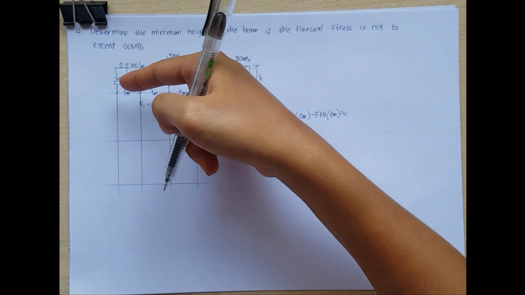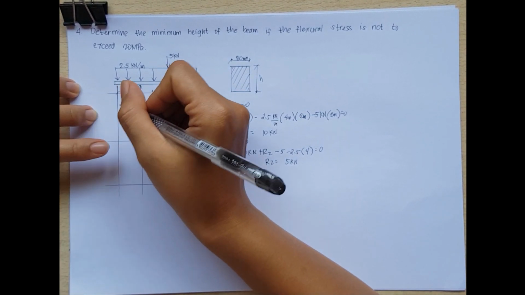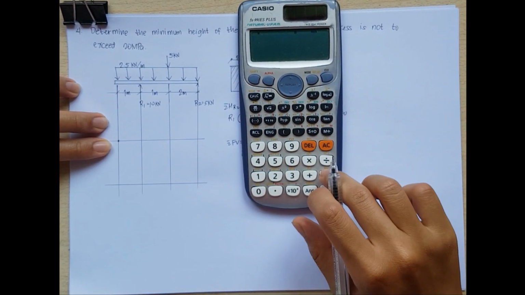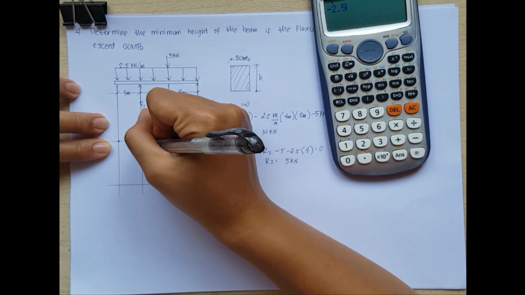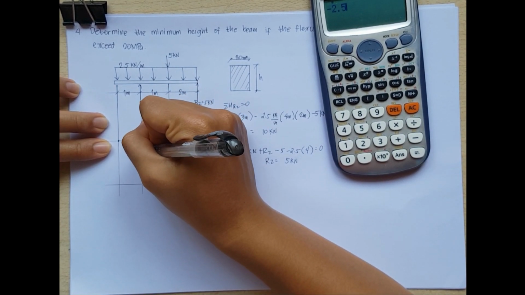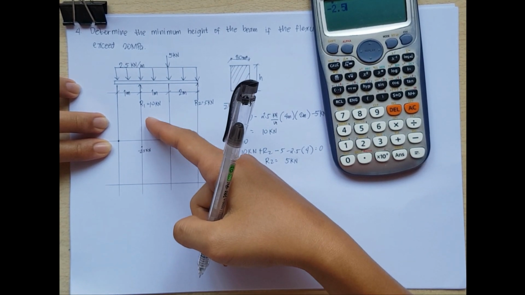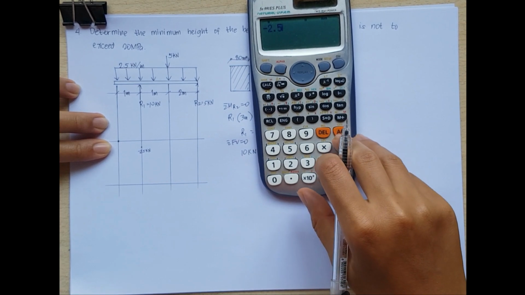So, we have here a concentrated load at this part. So, wala. So, 0. So, do we have an area here? So, we have which is negative 2.5 multiplied of 1. So, negative 2.5 kilonewton. So, do we have a concentrated load here? We have which is 10 kilonewton, or reaction rather.